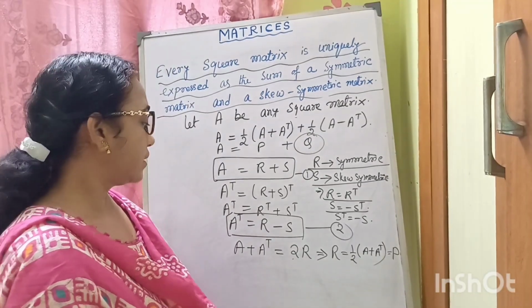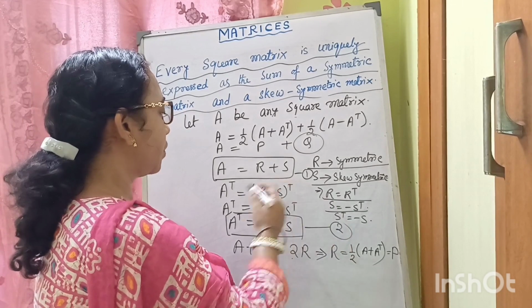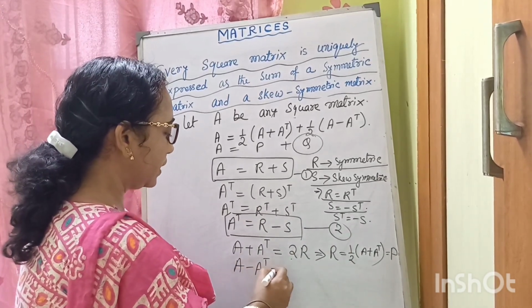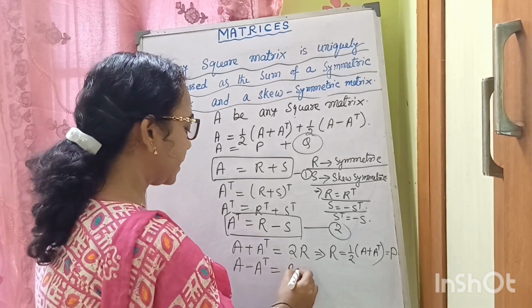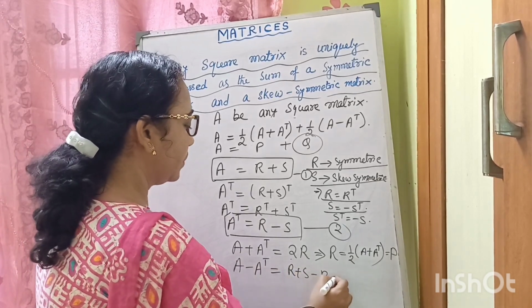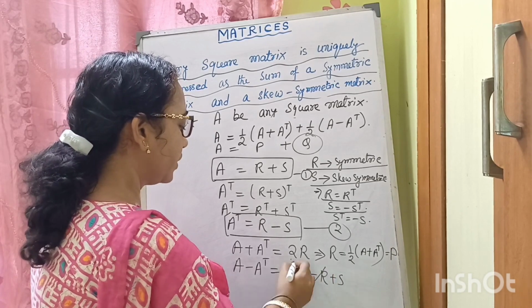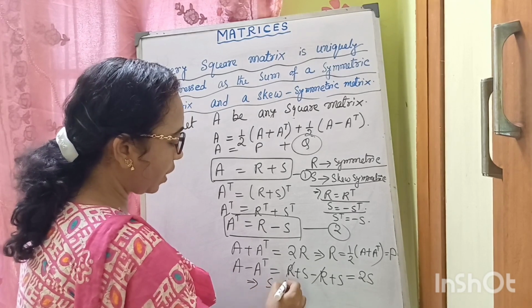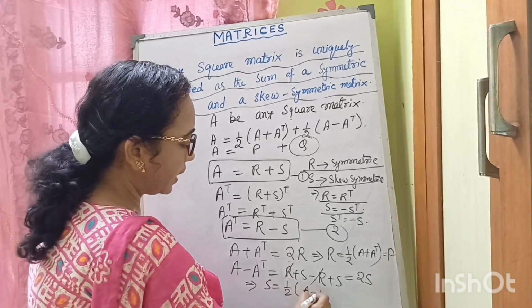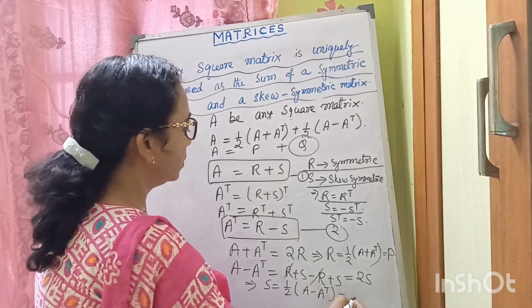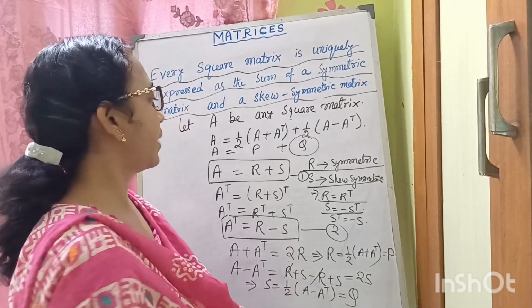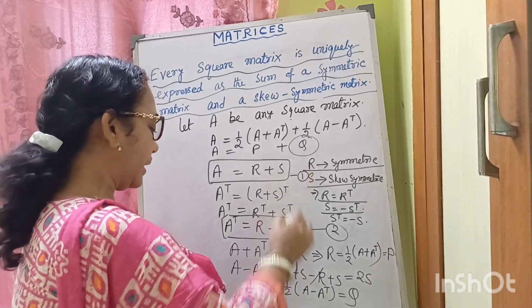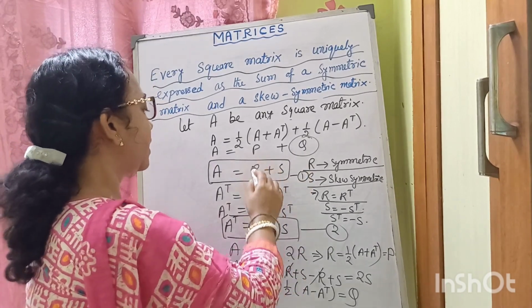Now let us subtract equation 2 from equation 1. We get A minus A transpose is equal to R plus S minus R plus S. Here R cancels out, so this becomes 2S, which implies S is equal to half into A minus A transpose, which is the skew-symmetric matrix Q. So Q and S are the same, and P and R are the same.